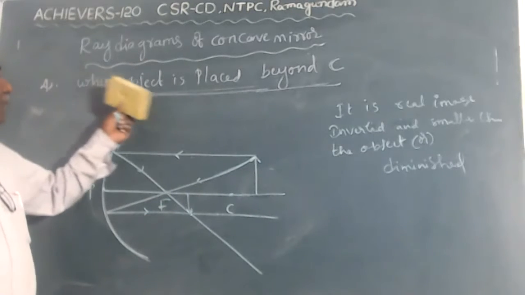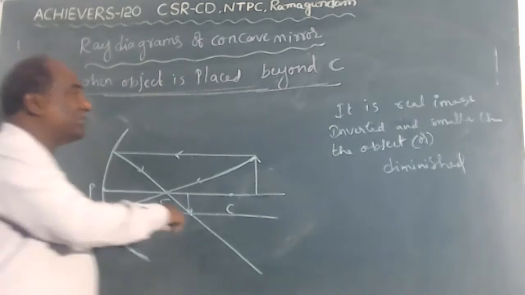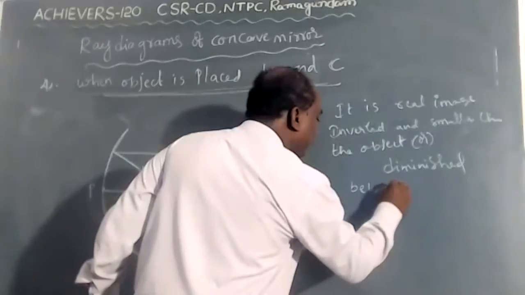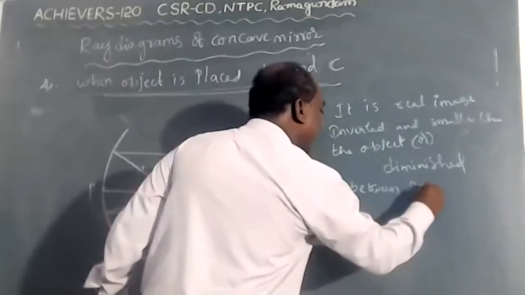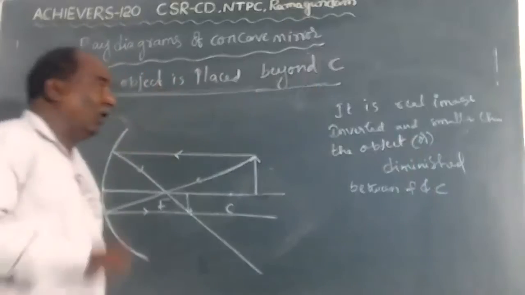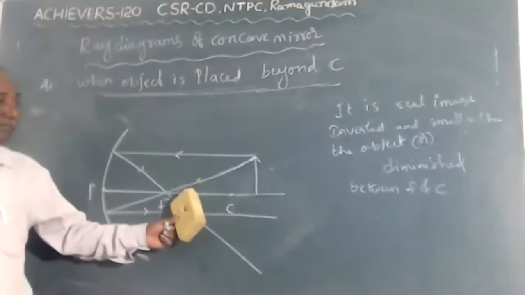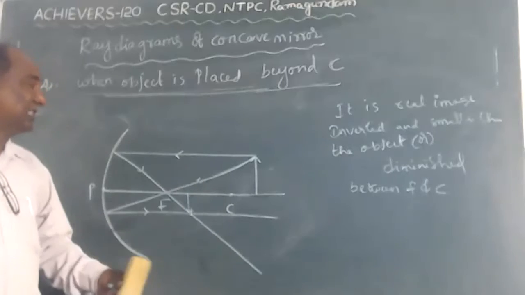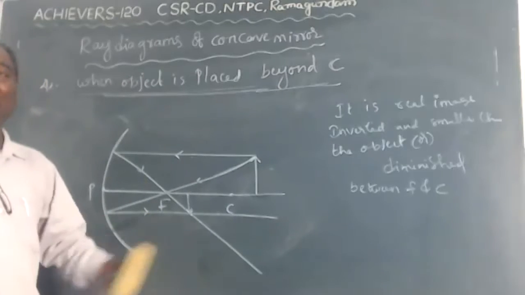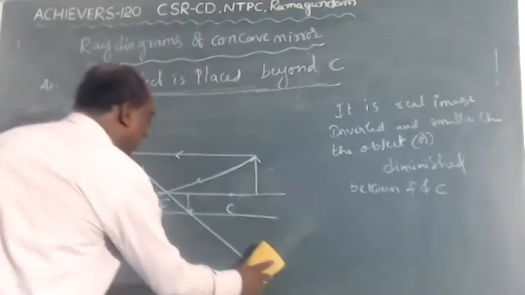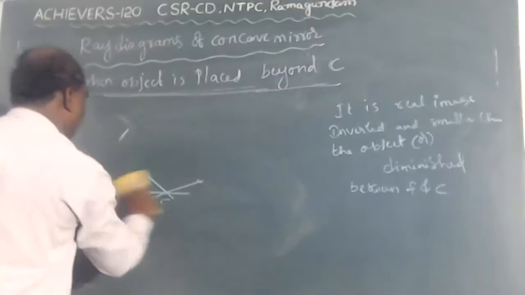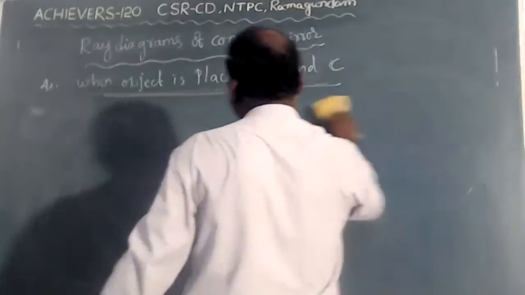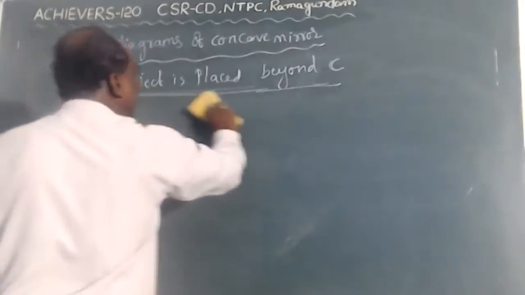So when the object is placed beyond C, the image forms between F and C. So this is the fourth ray diagram. Let me see the fifth ray diagram, children.